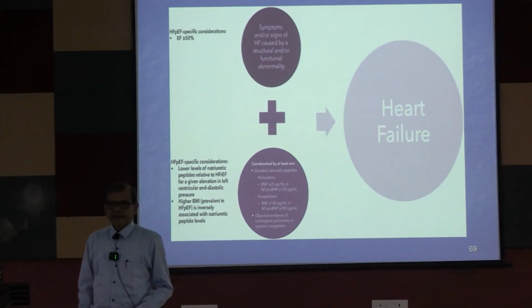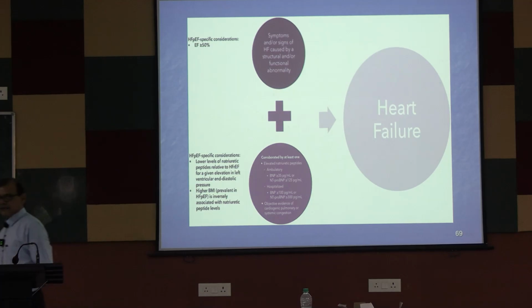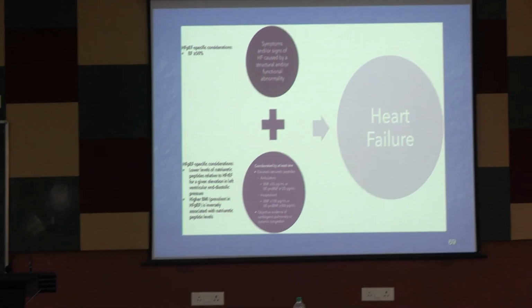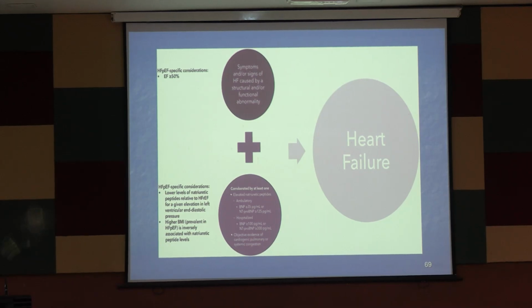In ambulatory subjects, BNP is more than or equal to 35 picogram per ml and NT-proBNP is more than or equal to 125 picogram per ml. But in hospitalized subjects, BNP is more than 100 picogram per ml, and NT-proBNP is more than 300 picogram per ml.